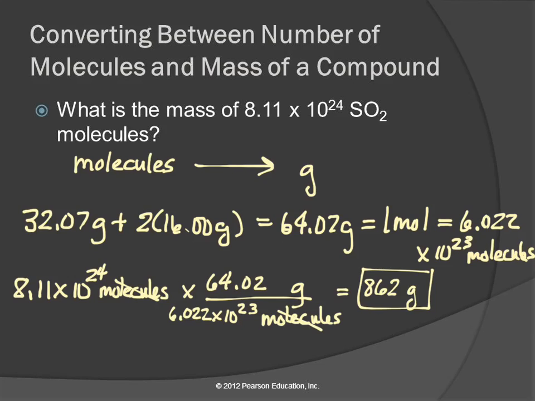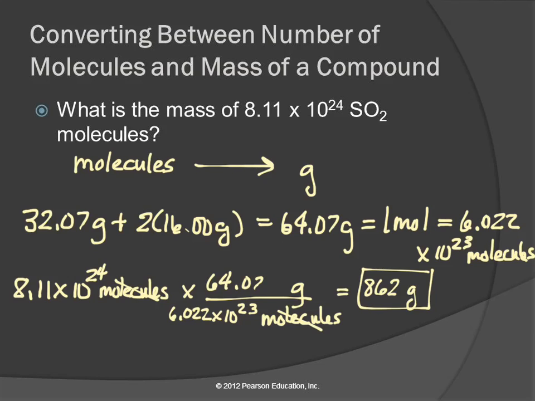Let me look. I have to calculate it again. Oh, I see what you're talking about with the 7. I'm sorry. It's this one right here. This is a 7. That's what you meant, isn't it? That's fine. It's okay. Times 64.07 divided by 6.022. I can be a little dense sometimes.